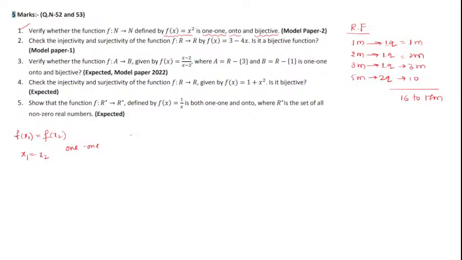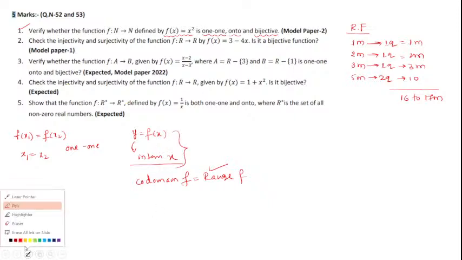And for onto function, you have to consider your given function as y is equal to f of x and convert x in terms of y, then check whether the codomain of your function f is equal to the range of your function or not. If it is satisfied, then it is onto, otherwise you have to go through the normal method. So we'll see how to find the solutions here.